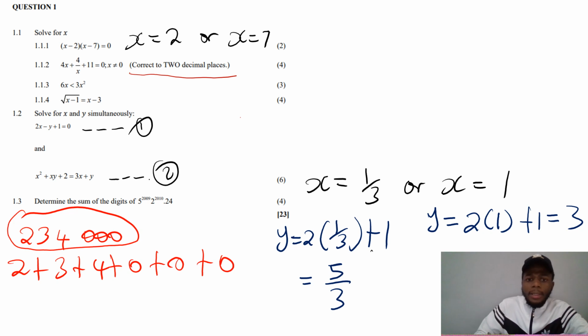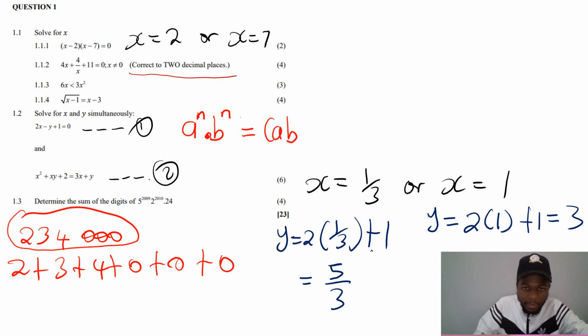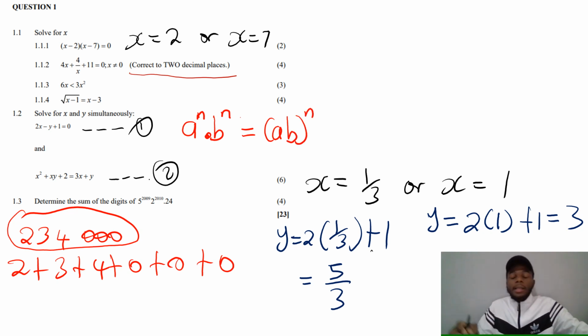I hope you all remember the laws of exponents. If you're having a to the exponent n and b to the exponent n, okay, these two are multiplying each other and they have the same exponent, you can write them as ab all in the same brackets, then write exponent n, because they're having the same exponent. So it's the very same thing that we're going to apply here.